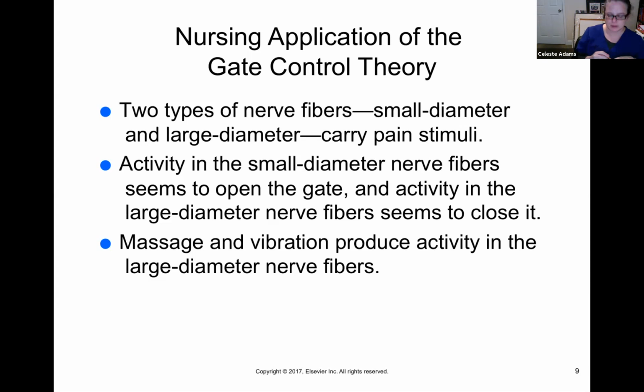Activity in the small diameter nerve fibers seems to open the gate and activity in the large diameter nerve fibers seems to close it. Okay, so the small diameter nerve fibers are going to open the gate, and the large diameter nerve fibers are going to close it.